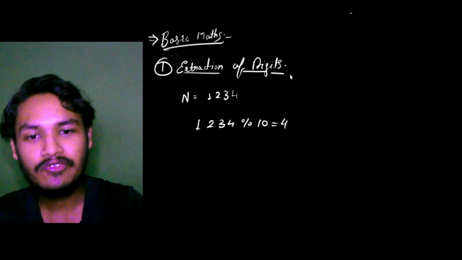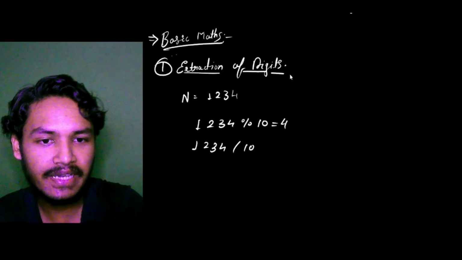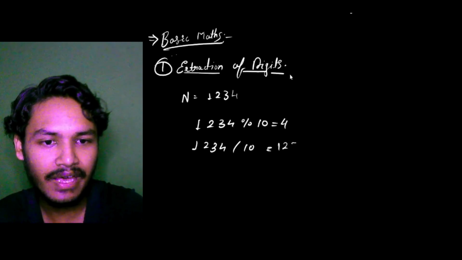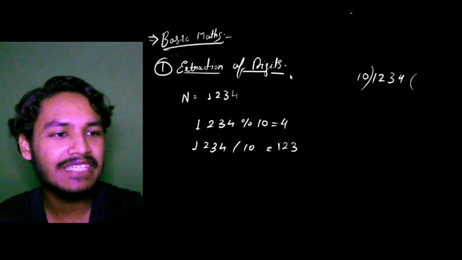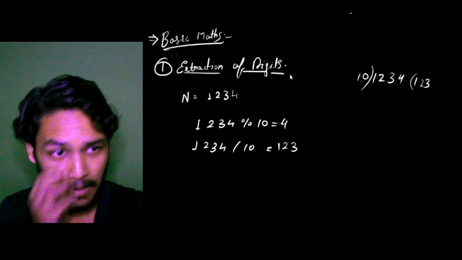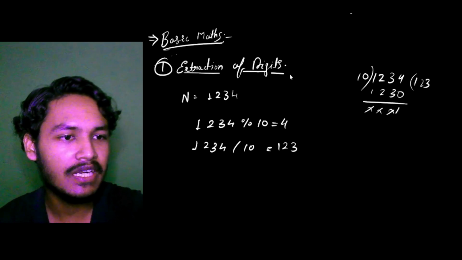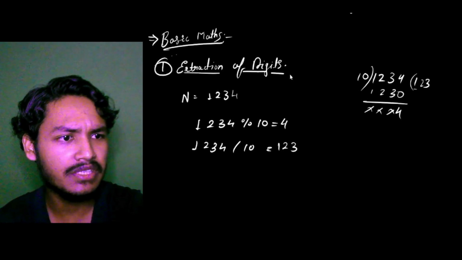After doing this, what we can do, we can divide this number by 10 and it will give me 1, 2 and 3. What happens if you divide this number by 10? The answer will be 123, the remainder will be 4, and the answer will be 123.